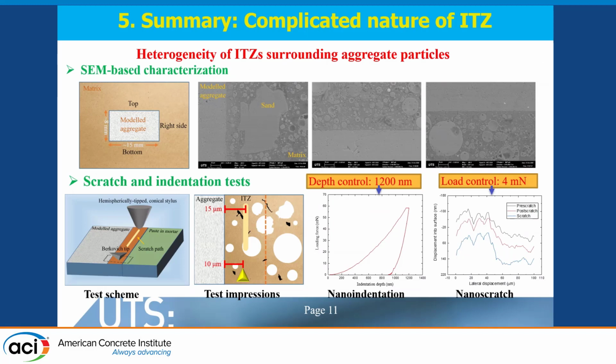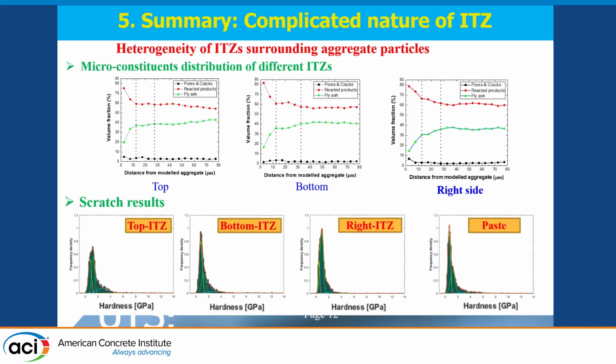Then we look at the hardness, summarizing based on what we already see. We have the modeled interface with different surfaces: you have the bottom interface, the top interface, and the side interface, and the results are different. This is what we want to show you here, both from the SEM image and from the Nanoscratch and nanoindentation.